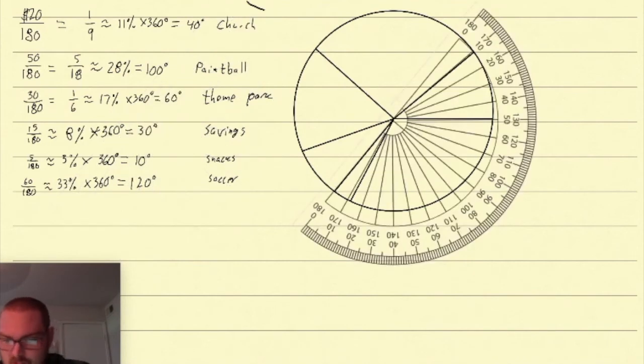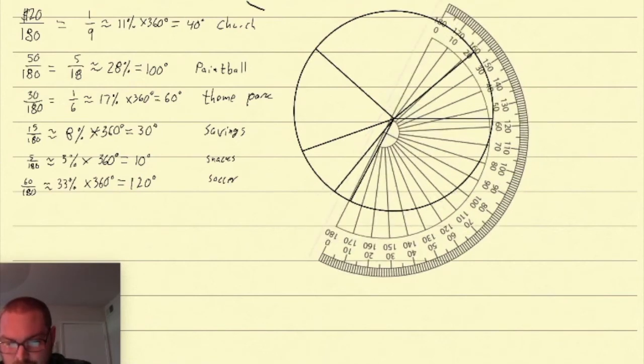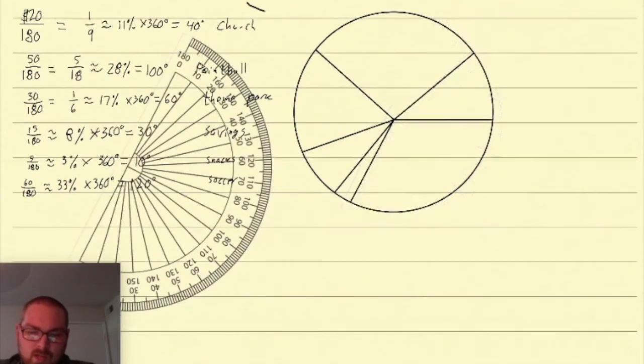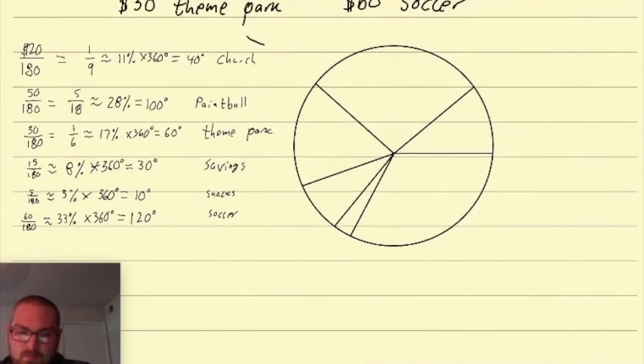The last one should be 120. So the way I check my last one is it should be what's left if I did the others correctly. So I line it up and I see that, yeah, that's approximately 120 degrees from here all the way. So I can put away my protractor and I can shade things in.